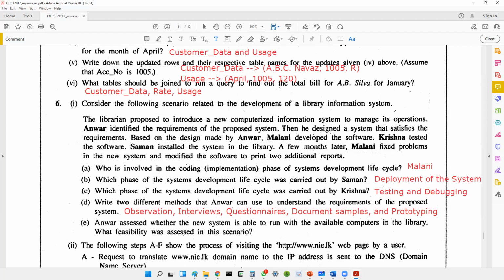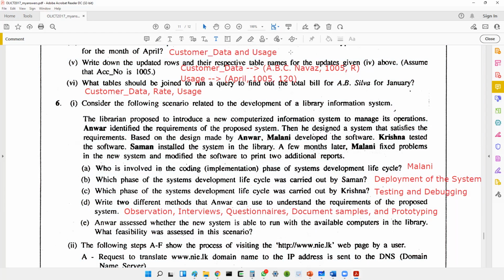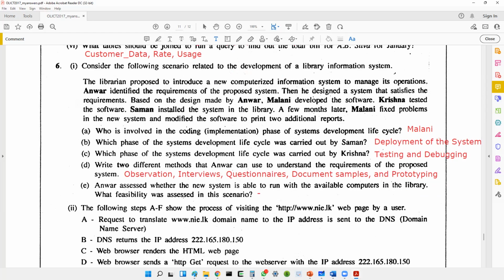This feasibility answer is actually technical feasibility, but this is out of syllabus, so you don't need to answer this. They have given marks for everyone.